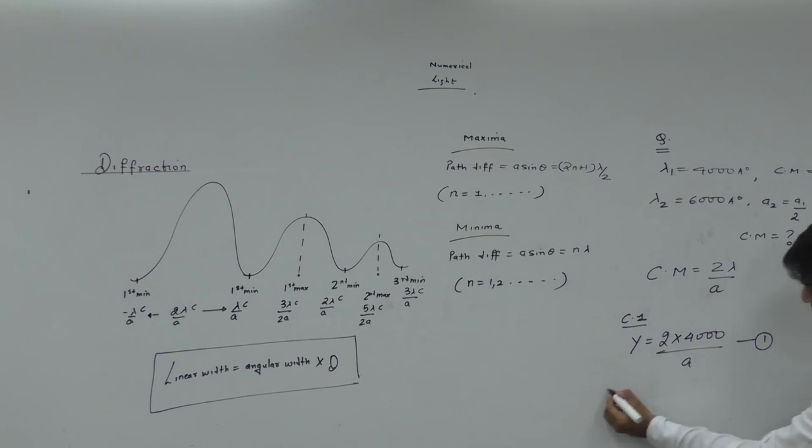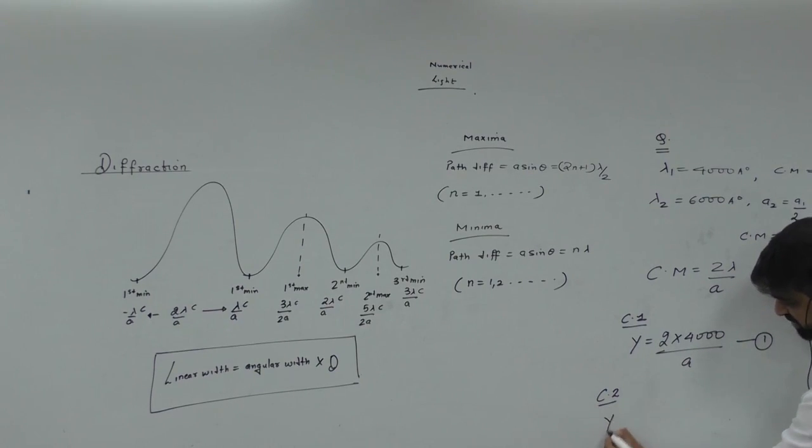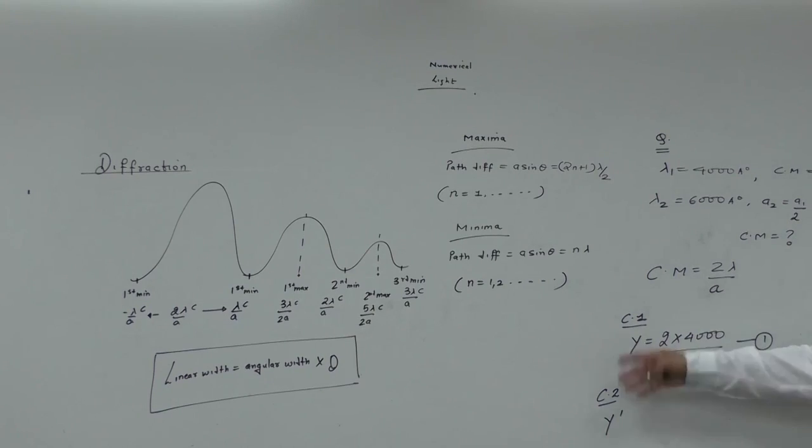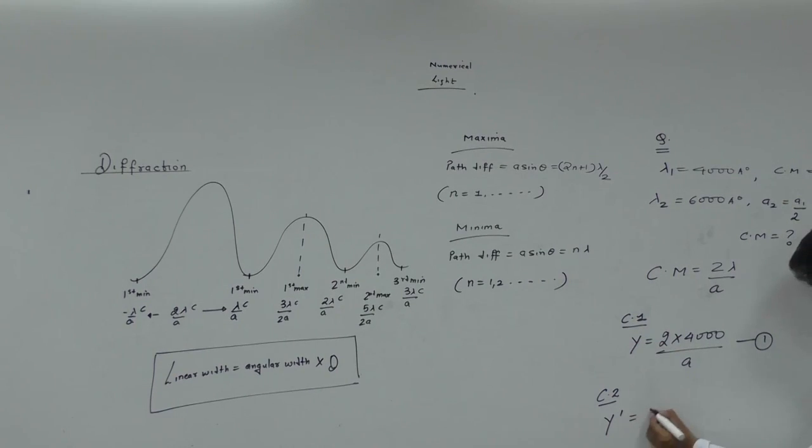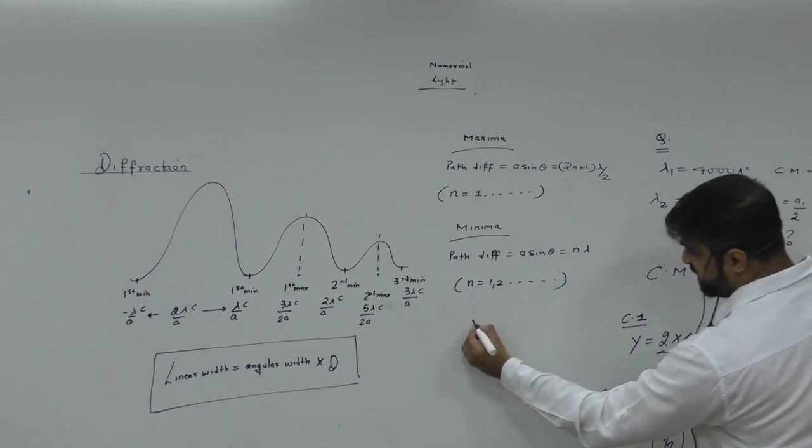In case 2, we do not know y. Let it be y dash. 2 lambda, what is lambda? 6,000. And what does a become here? a by 2. Equation 2. Can I divide 2 by 1? y dash by y.